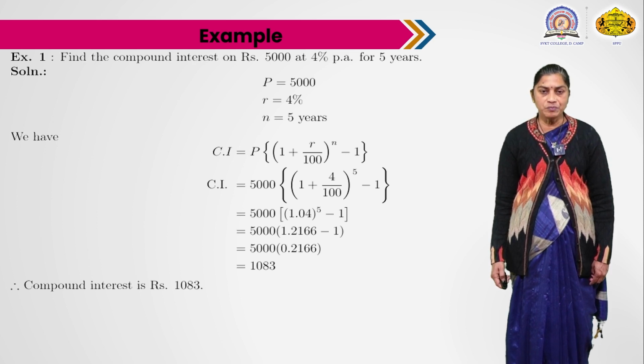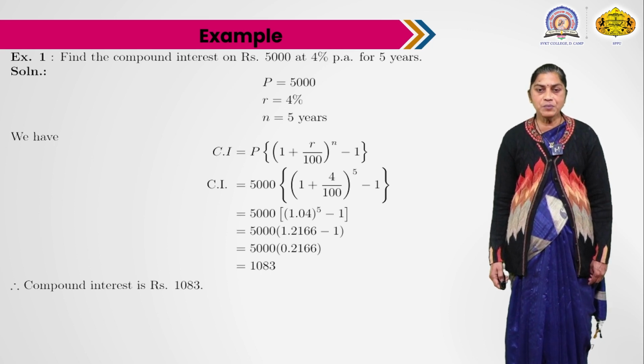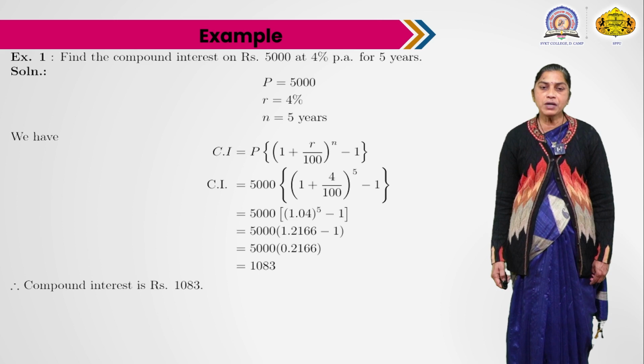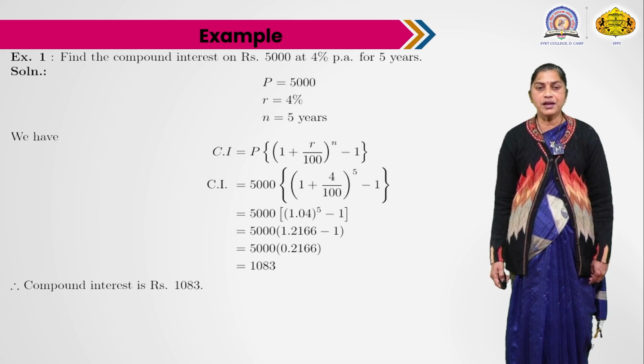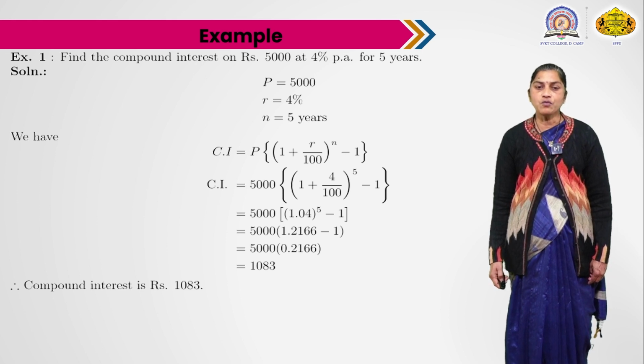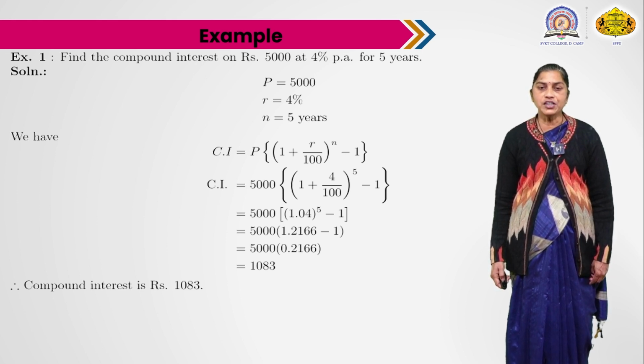Bracket raised to 5, the value comes to be 1.2166, and after simplification and doing the multiplication, 5000 into 0.2166, it comes to be 1083, and therefore, the compound interest comes to be 1083 rupees.